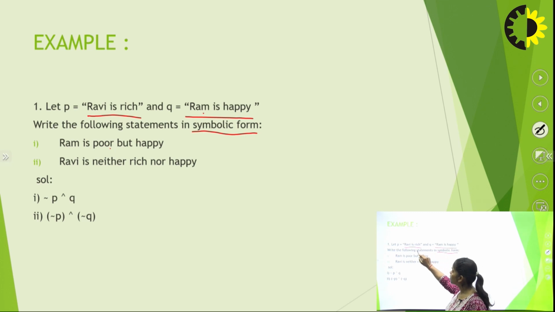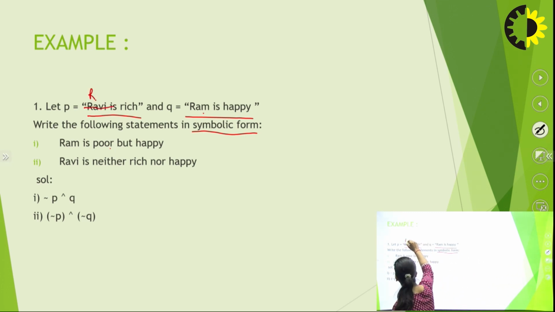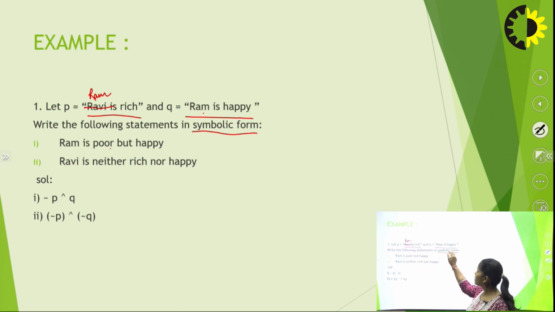Here in place of Ravi we used Ram. So Ram is rich and Ram is happy. So the first statement is Ram is poor but happy. Ram is poor means not P, and Ram is happy means Q. And here we represent the word but.